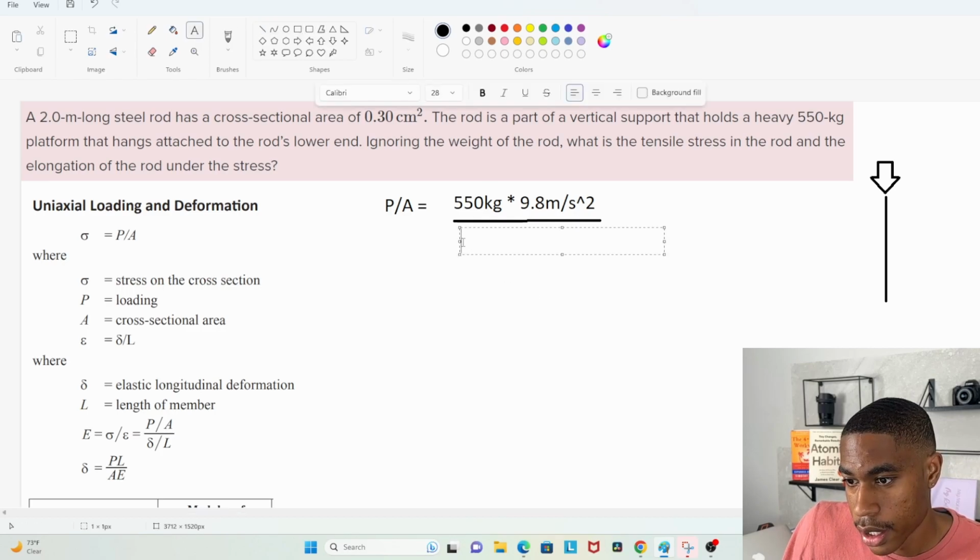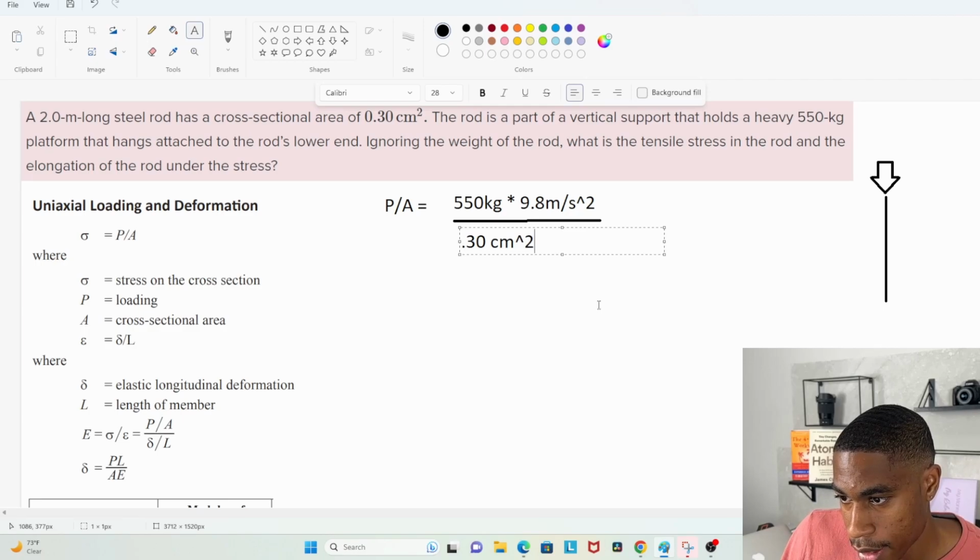So what is our area? What's our cross-sectional area? Well, they say it's 0.30 centimeters squared, right?